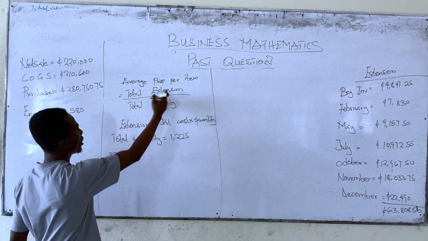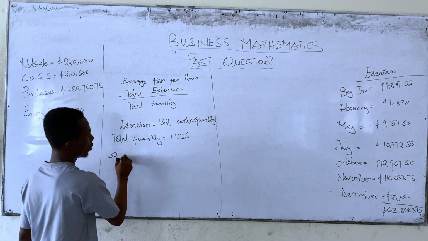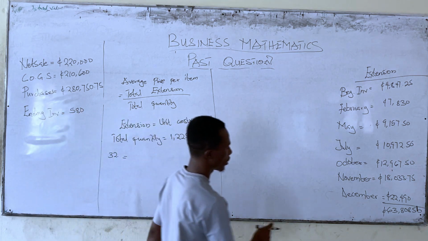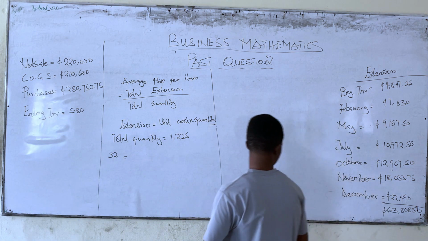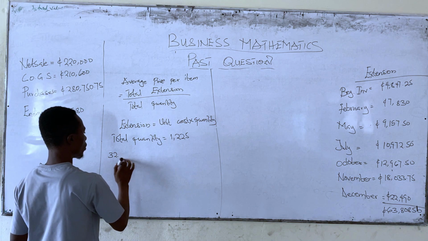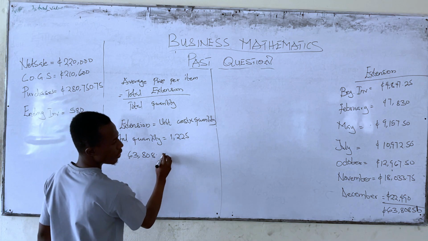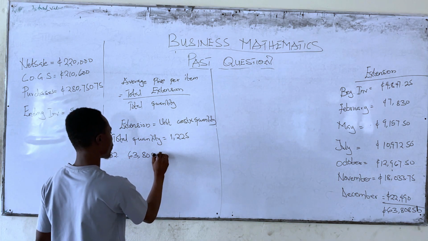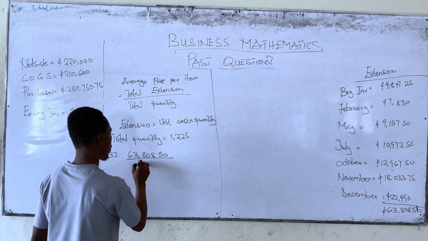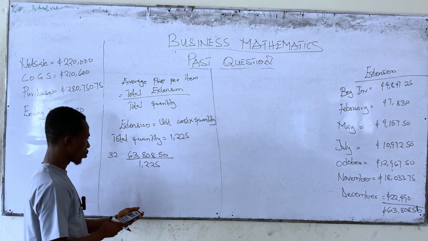The average price per item is going to be the total extension, which is 63,808.50, divided by the total quantity, 1,225.